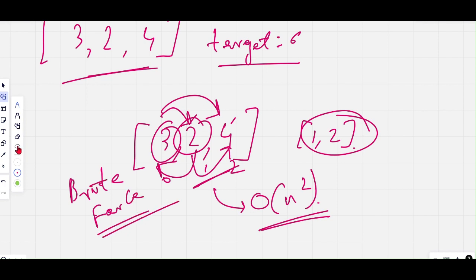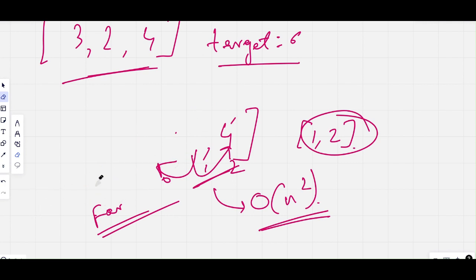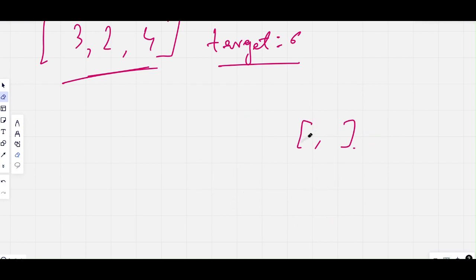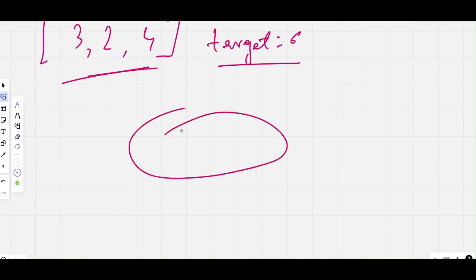Now let us see an optimized approach. An optimized approach in this case would be to store the elements one by one and check whenever we are iterating through if it satisfies the condition. We will have some data structure where we can store these elements one by one.